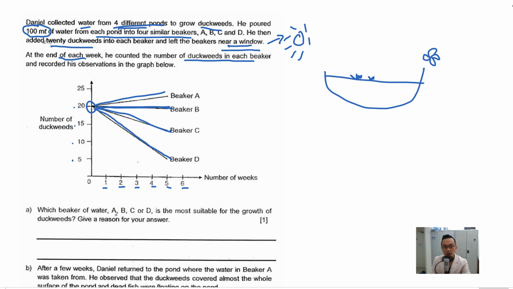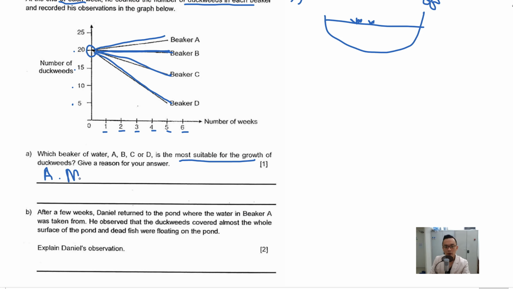So which beaker of water, A, B, C, or D, is the most suitable for the growth of duckweeds? So the most suitable would be beaker A. And why? Because there were the most duckweeds in beaker A after 6 weeks.